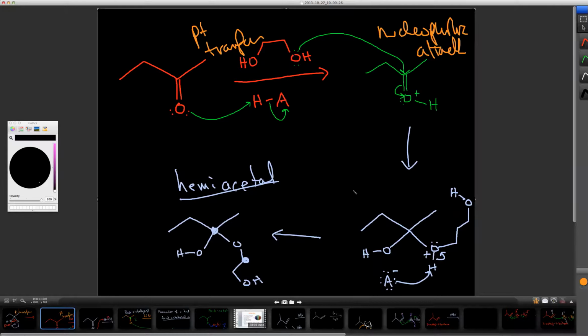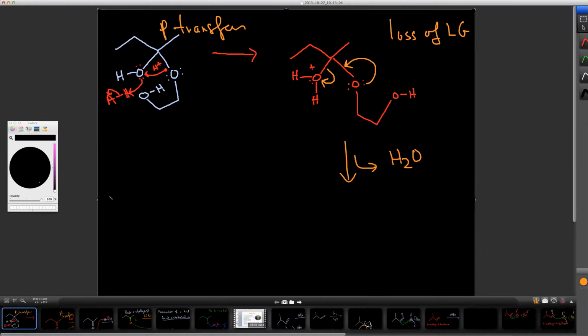And of course, this is a proton transfer. So stringing this all together, proton transfer, nucleophilic attack, proton transfer, another proton transfer, loss of a leaving group. Nothing is outside the box of what we learned previously. It's just more complicated now.